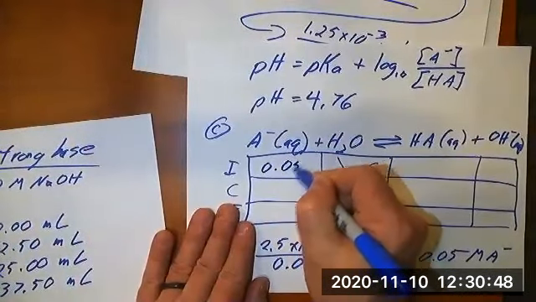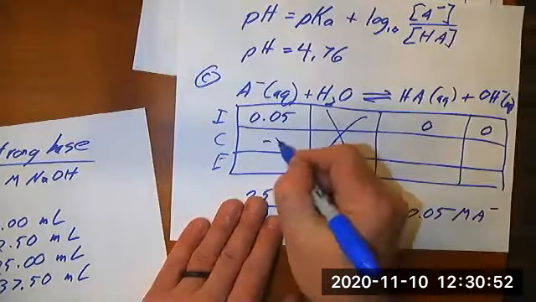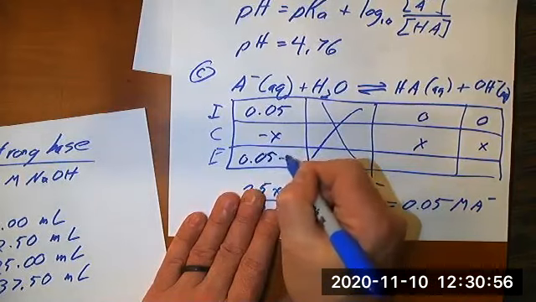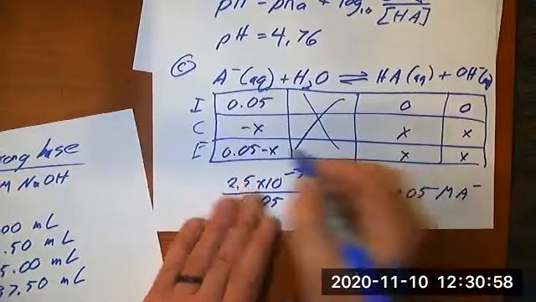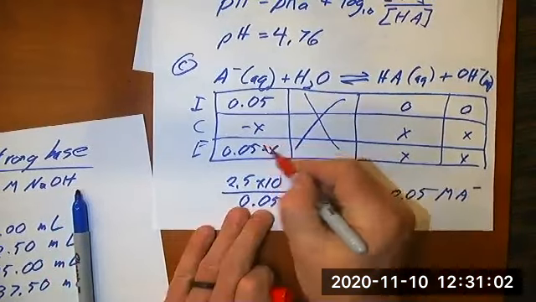So 0.05, 0, 0, minus x, x, x, 0.05 minus x, x, x. Let's try neglecting this and we'll see if it works or not.